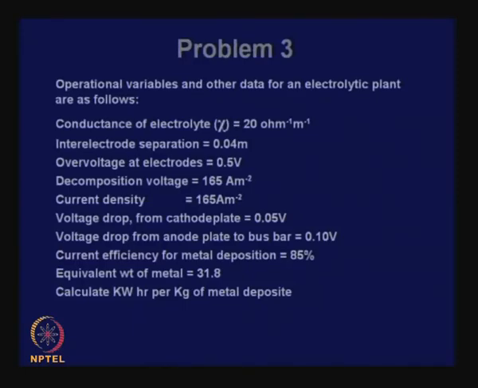There is one last problem I have listed here. We have given the operational variables and other data for an electrolytic plant: the conductance of the electrolyte, inter-electrode separation, overvoltages at the electrodes, and decomposition voltage, theoretical decomposition.